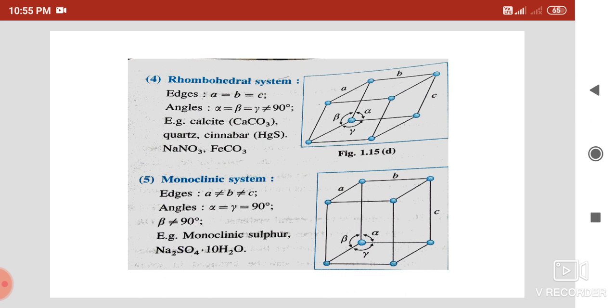Examples of monoclinic systems are monoclinic sulfur and sodium sulfate, Na2SO4·10H2O, that is crystalline sodium sulfate.